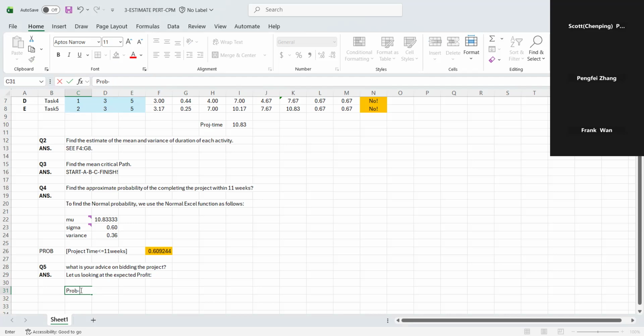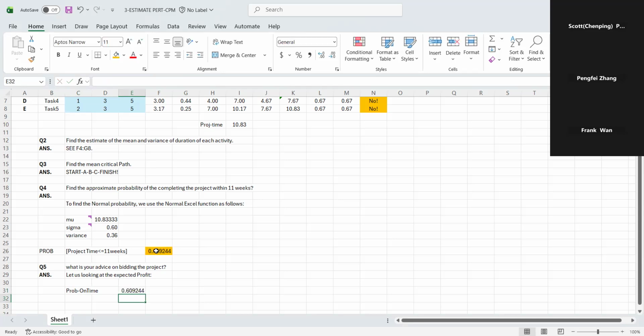The probability of on time is just borrowed from its number.